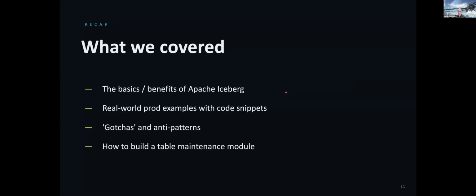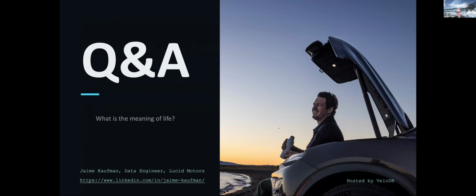We talked about batch incremental read from Iceberg, which I think is important. And then we talked about some gotchas and some anti-patterns for considerations of either not using Iceberg or just being careful and making sure they're properly maintained. And then at the end, we touched on how I built a generalized Iceberg maintenance module at Lucid. And that's all I have.